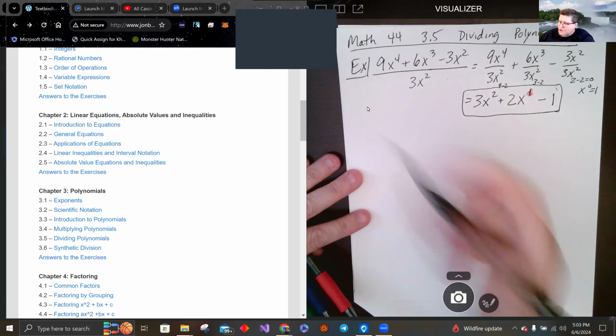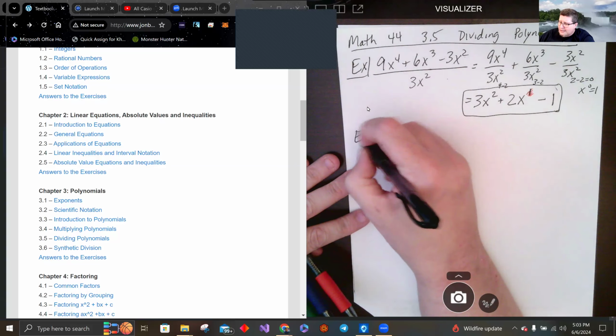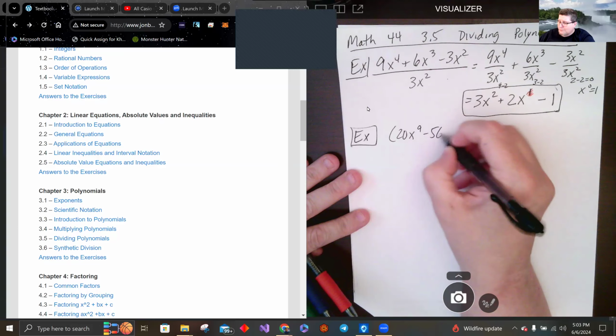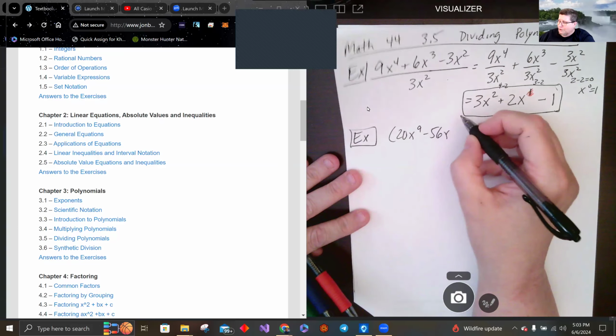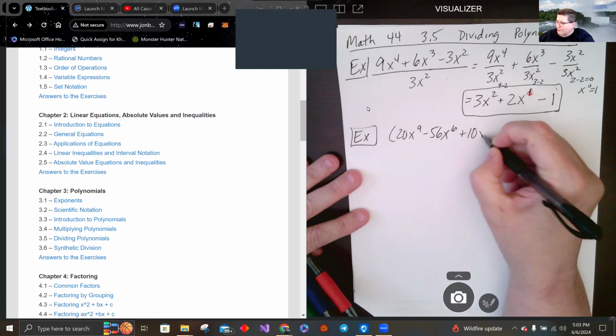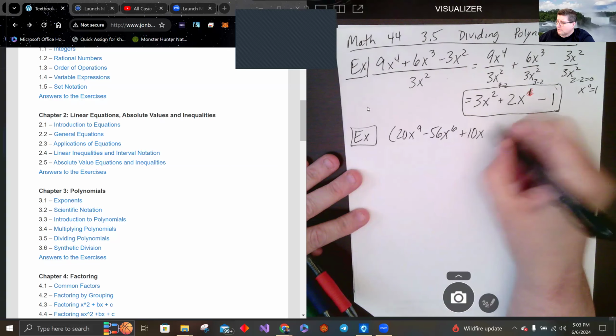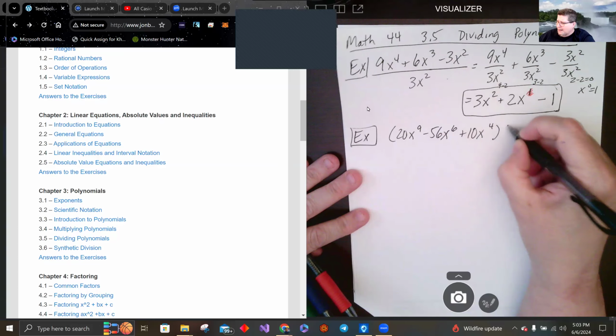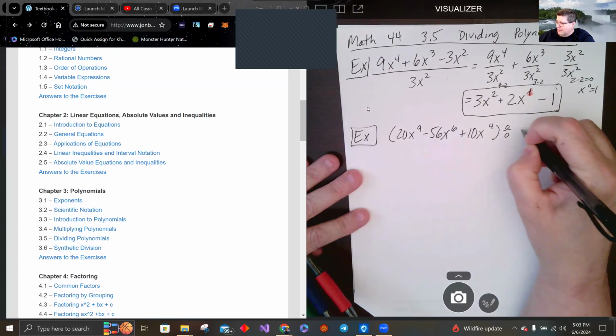Why don't you guys give it a try? Let's see how you do. 20x to the 9th minus 56x to the 6th plus 10x to the 4th, divided by 2x cubed.